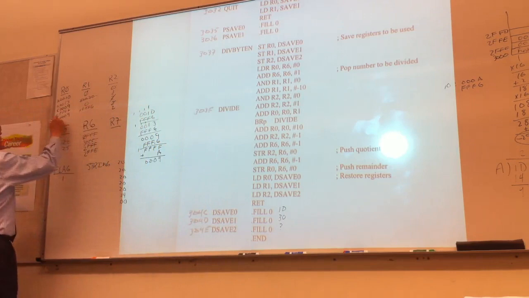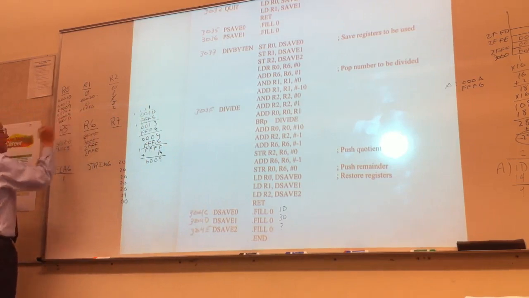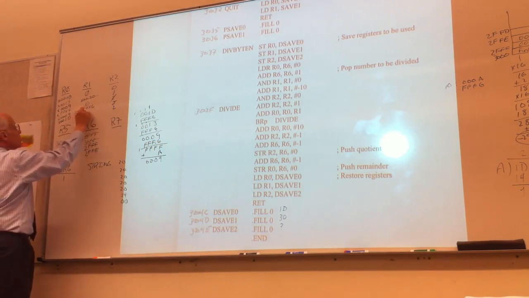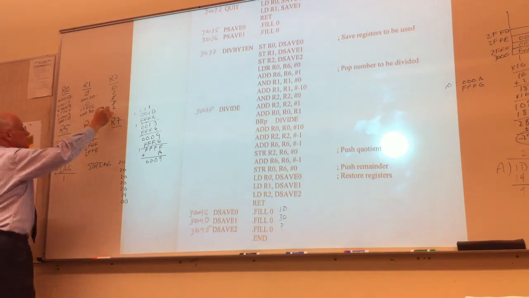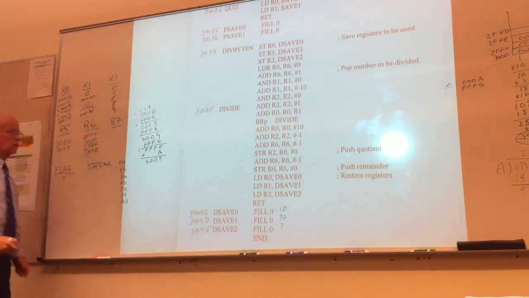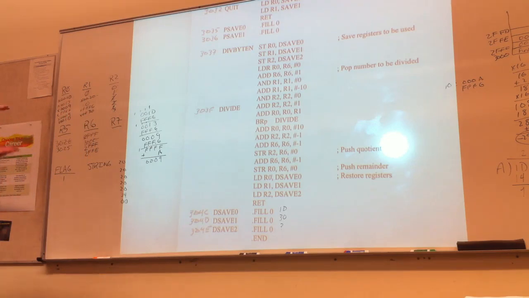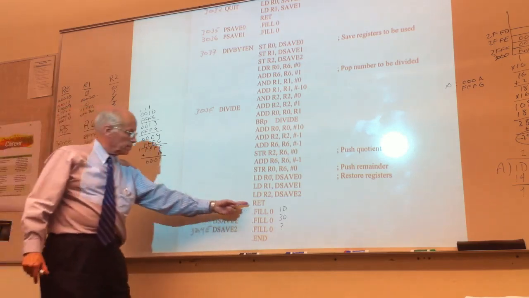Register 0 now becomes 001B, just like it was. This one becomes 0030, and register 2 to whatever it was. It was garbage, I hadn't been using it. But if I use this routine with another program, there might be something in register 2. Okay, return.